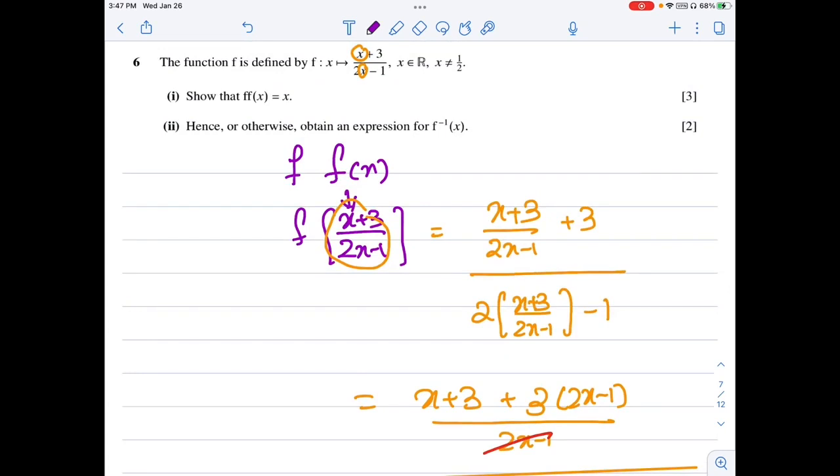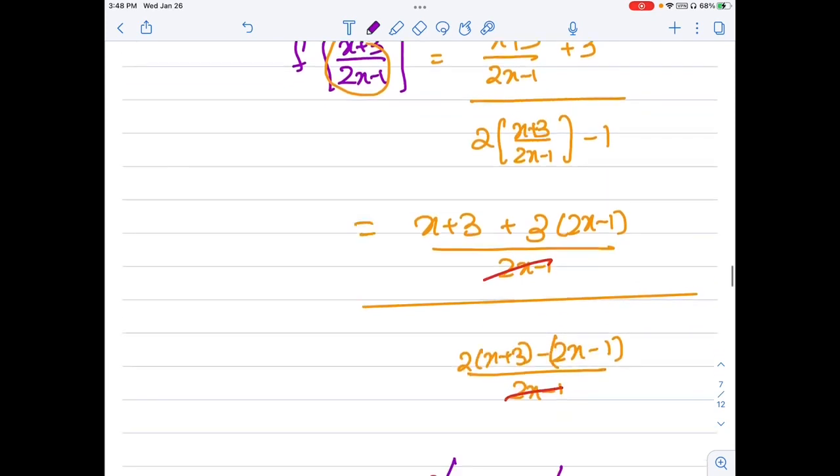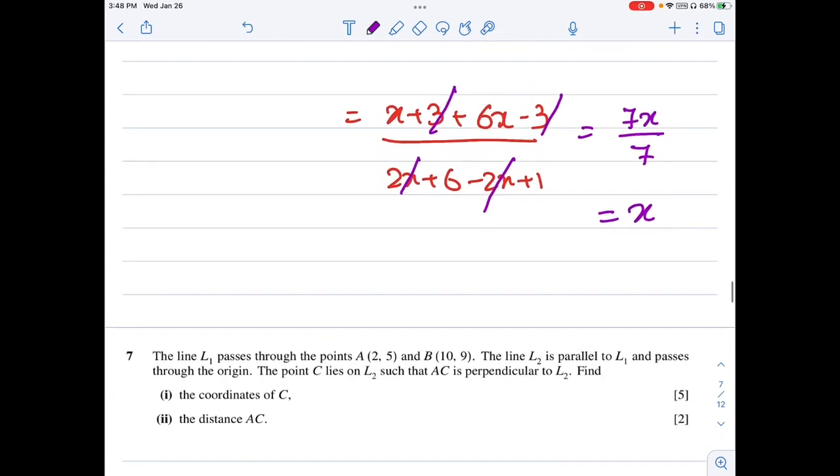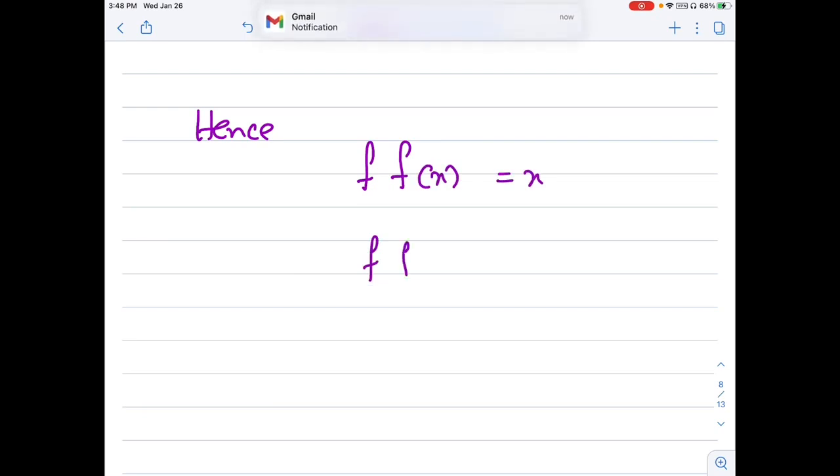Hence or otherwise obtain the expression for f inverse of x. It has been given, hence or otherwise. So we use hence. We came to know that f of f of x is equal to x. We also know that f inverse of f of x is also equal to x, because f and f inverse will get cancelled.